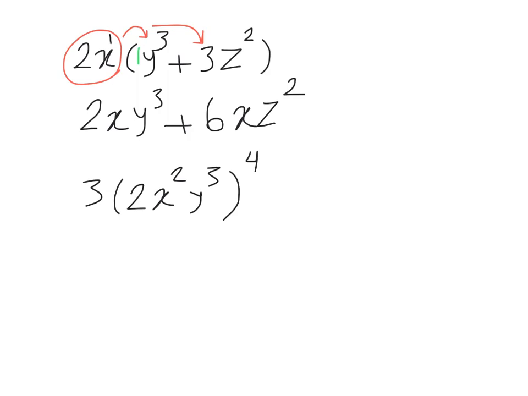My term outside the brackets is 3. Okay, so I need to multiply my term outside the brackets inside the brackets, but because there is a power outside my brackets here, as you see here, 4, before I start to multiply 3 inside the bracket, I need to bring my power of 4 and multiply this power by each term inside the brackets and then multiply by 3.